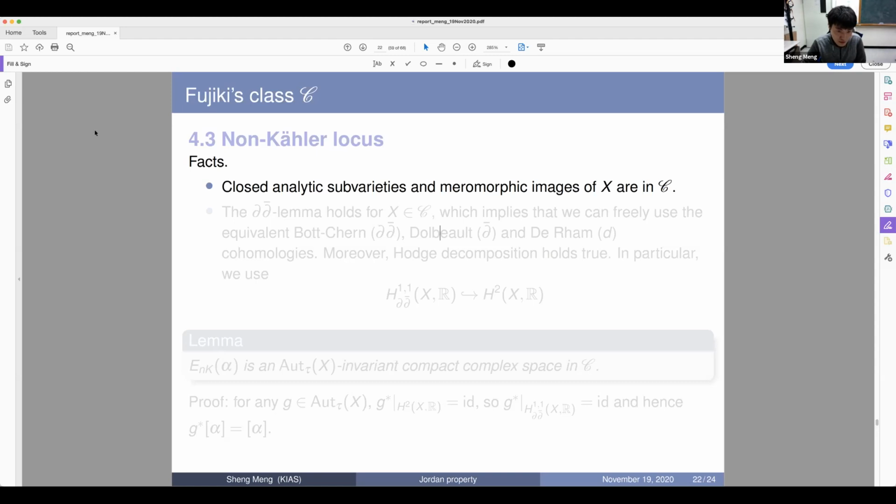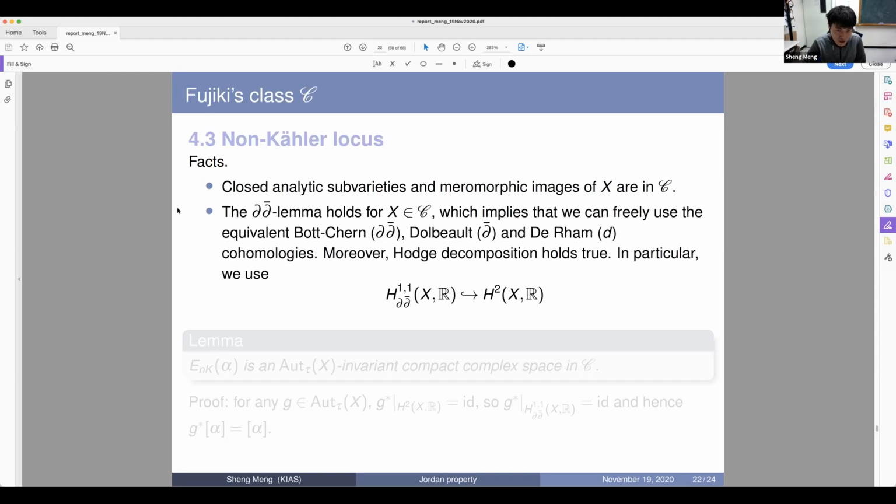Here we need the partial-bar lemma, and for Fujiki class it still holds true, which implies that we can freely use the equivalent Bott-Chern, partial-bar, Dolbeault, and de Rham cohomologies. Moreover, the Hodge decomposition holds true, so we can decompose the singular cohomology. In particular, we only use the following injection, which embeds the (1,1) cohomology into the H^2 of the singular cohomology.